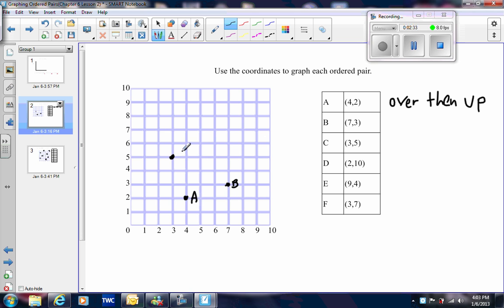That's my point C. Over 2, up 10, all the way up to the top. Put a dot there. That's my point D. Point E is at 9, 4, and point F is at 3, 7.